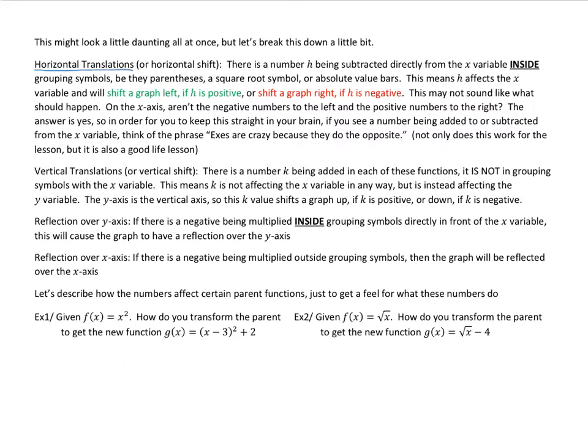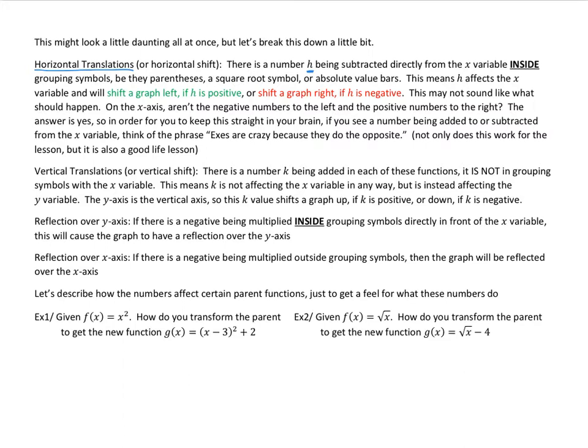If you take a look at one of those graphs on the first page, one of those 4 basic parent functions, and you're told to move it left or right, that's a horizontal movement. If you go back and look at the table, all of those horizontal movements use h. And h will eventually be replaced with a number depending upon how far left or right you're moving the graph.